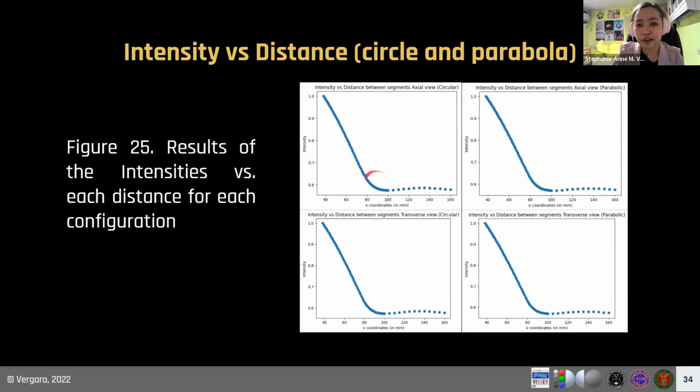However, at the 95 millimeter point, we can see a slight but steady increase, which corresponds to the focus of the second mirror, which corresponds to the point where the two peaks have separated. The intensity then decreases again as a result of the separation of the focus of the second mirror from the first.